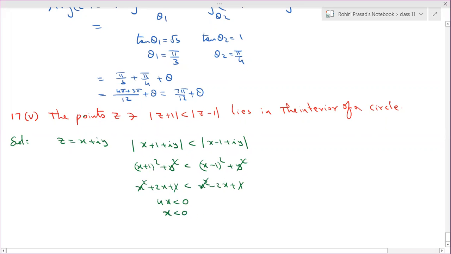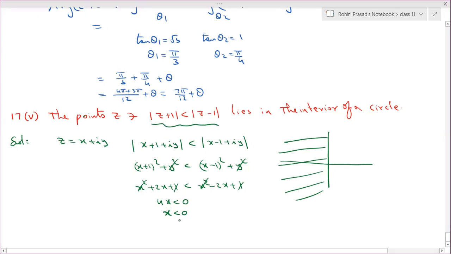So what you got, x less than 0, means it's one side of the y-axis. So this inequality represents all the points for which x is negative. This is basically one half plane, but they told that it is the interior of the circle. If it is the interior of the circle, then you should get the region represented by this inequality like this.